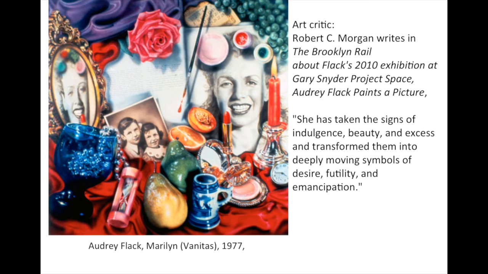We also have luxurious cloth, jewelry, makeup, and fruit, which often reference the ideas about those things about life and transient and life passing. So in this particular artwork, called Marilyn Vanitas, a lot of people think it's a painting about Marilyn Monroe. It is to an extent, but it's not the focus of this work by Audrey Flack.